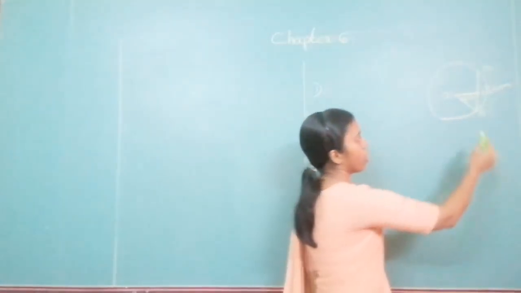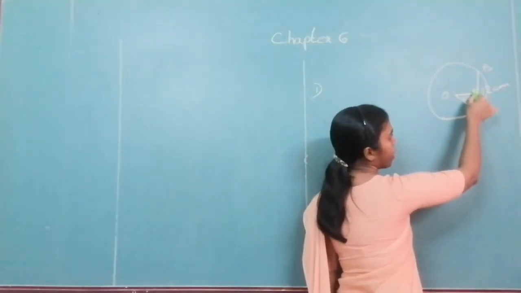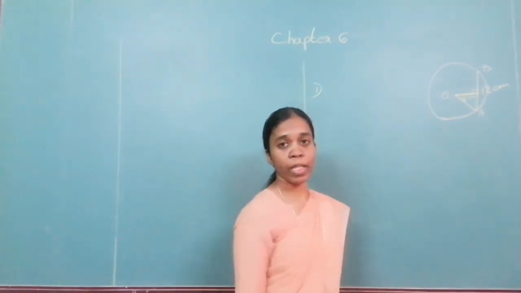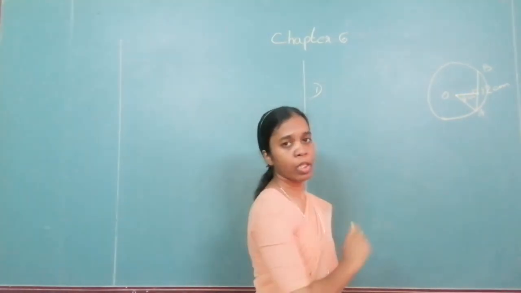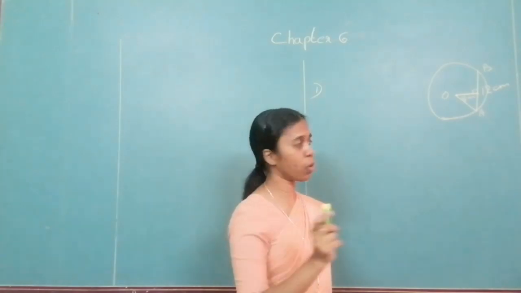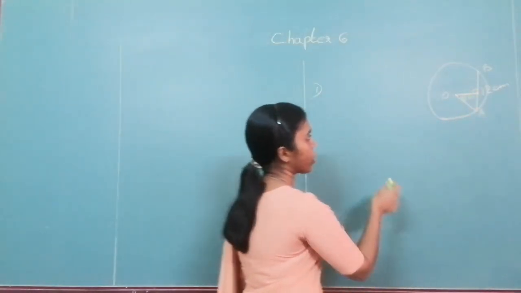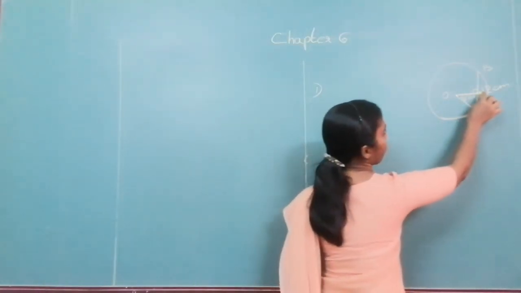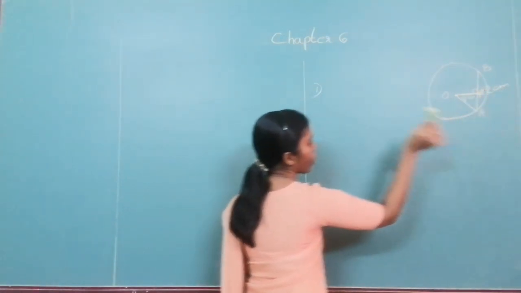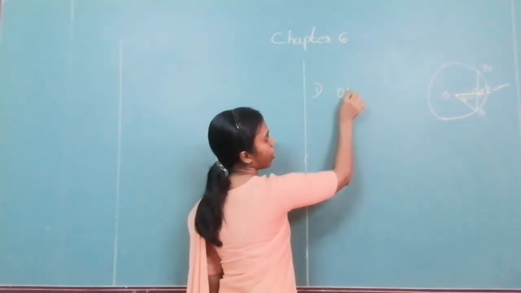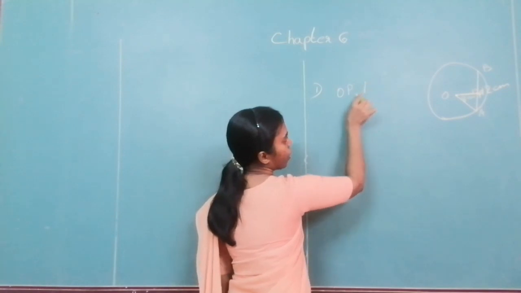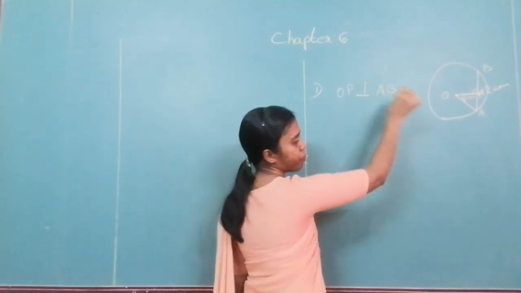Okay. Now, this distance, we know that the segment joining the center of the circle to the chord is a perpendicular. So, this is a perpendicular given to us. So, I am naming this point as P. So, the first statement you will be writing: OP is perpendicular to AB.